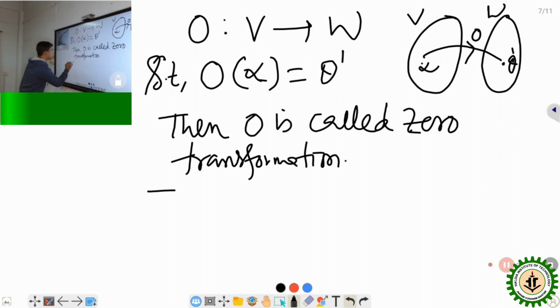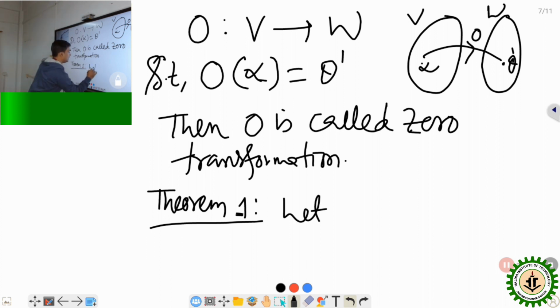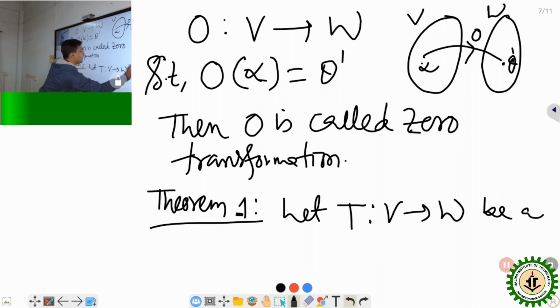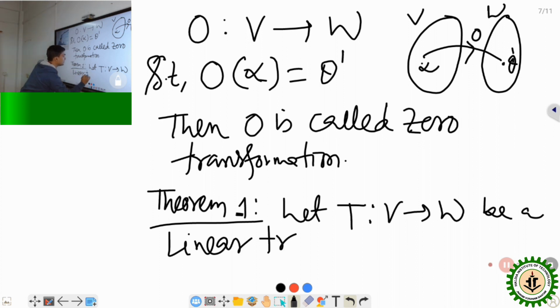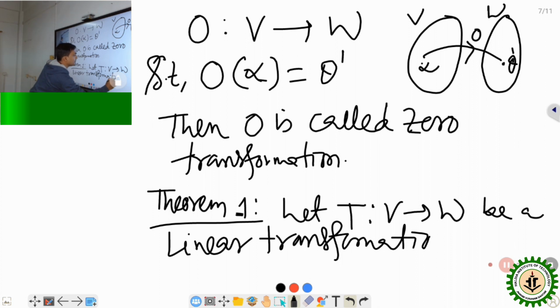Theorem number 1. Let T from V to W be a linear transformation. Then we can establish two results.